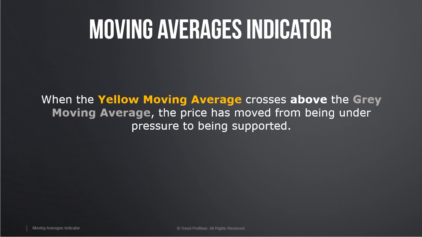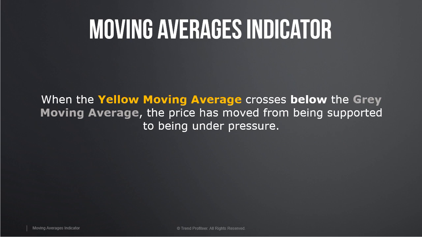So when the yellow moving average crosses above the gray moving average, the price has moved from being under pressure to being supported. So you can expect to look for buys, or that buy opportunities may materialize. When the yellow moving average crosses below the gray moving average, the price has moved from being supported to being under pressure.